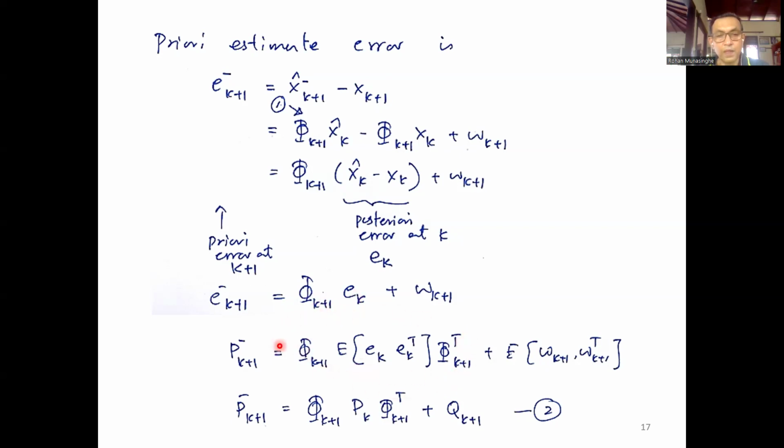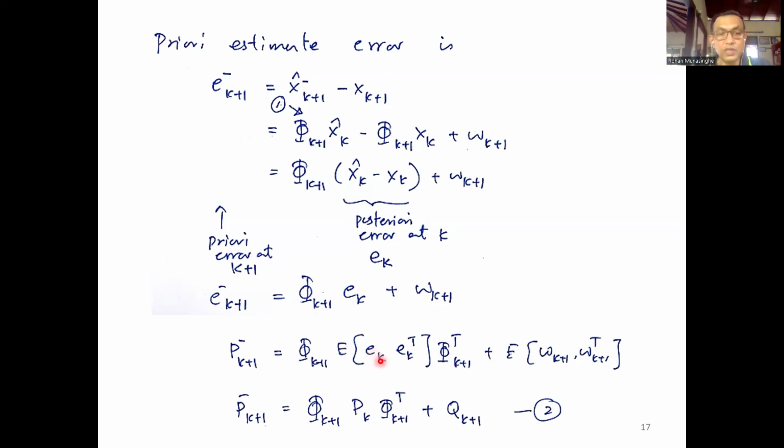In linear algebra and statistics, you may have learned this one. The qualifier of the variable ek comes in front of the expected value, and after the expected value as a transpose, and in the middle is the expected value of error squares.